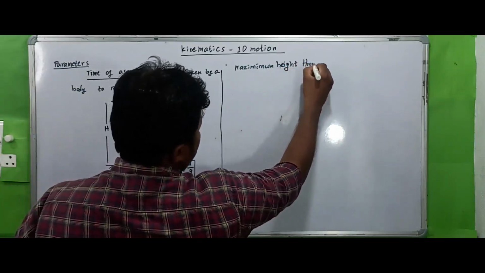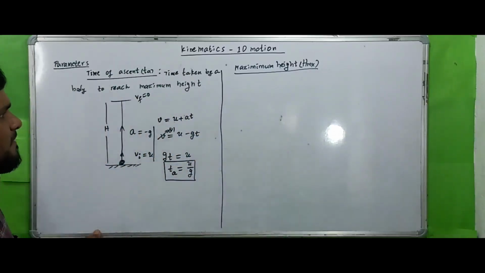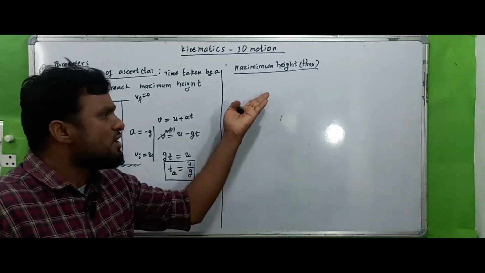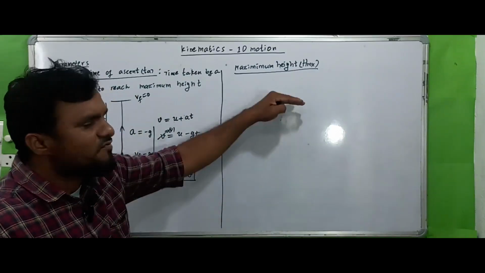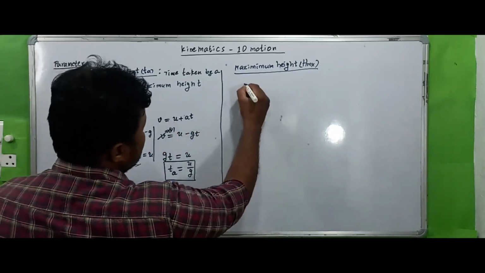H suffix mx, maximum height. The vertical displacement covered by a body where its final velocity is 0 is called maximum height.